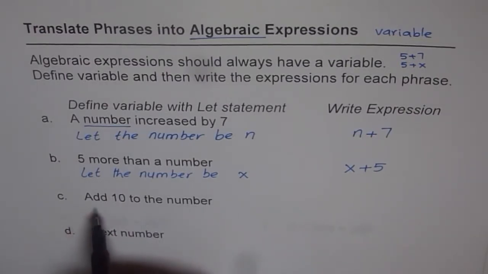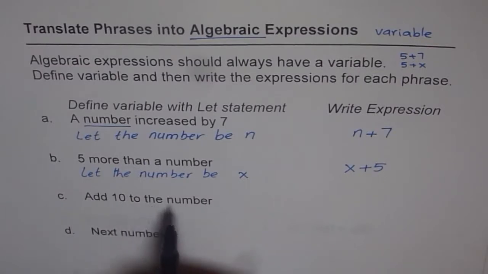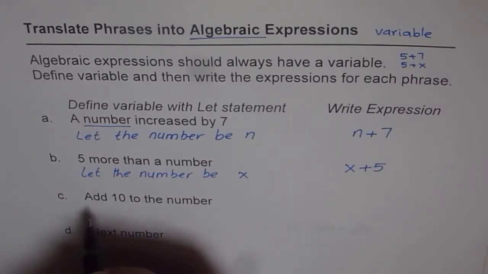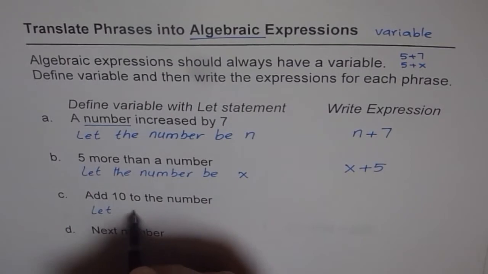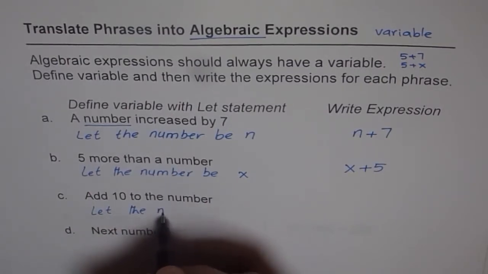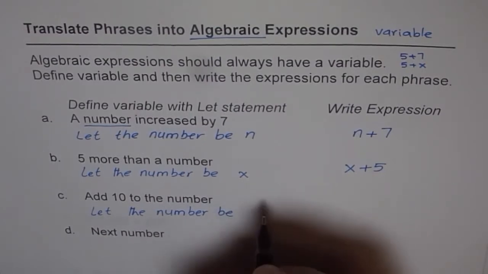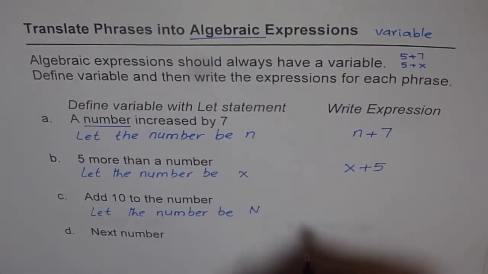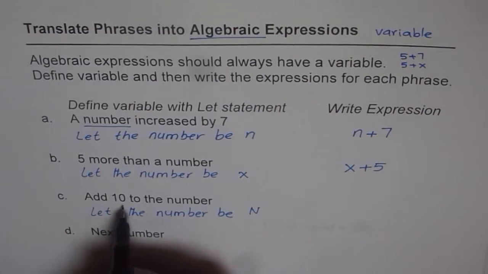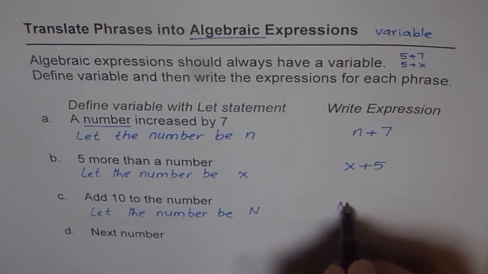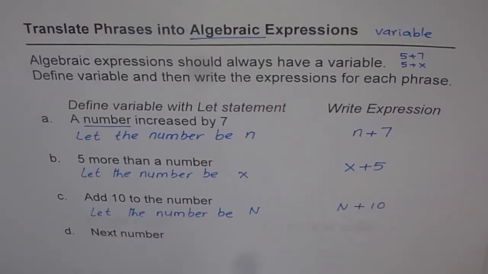Now part C is add 10 to the number. So in this case, let's say let the number be, let's say n, capital N, right? So then add 10 to the number, it will be capital N plus 10. Do you understand? So like that, we first define a variable and then convert the phrase into an algebraic expression.